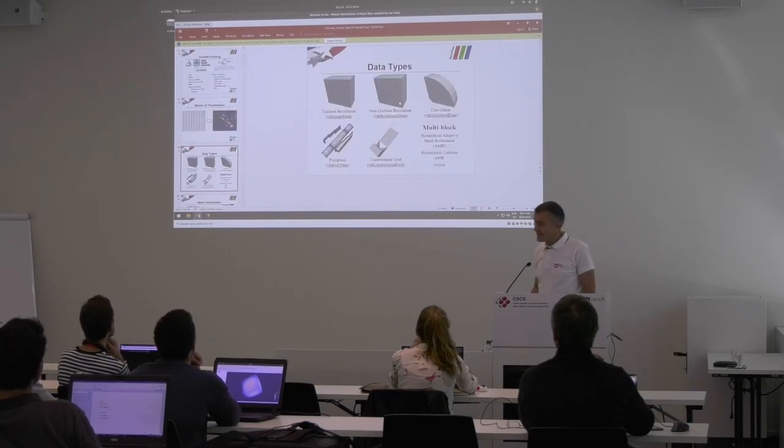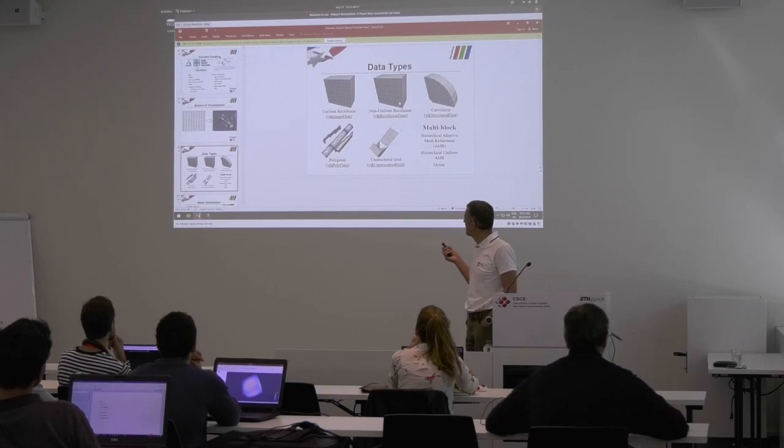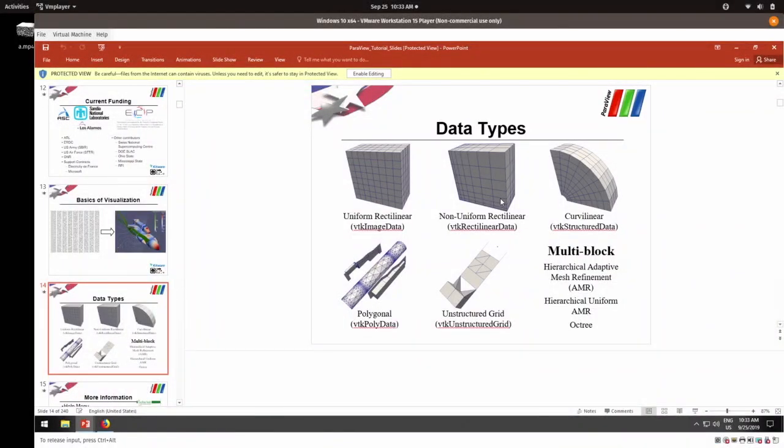Data types, just quickly. I hope you can see the grid lines here. Those are the so-called structured grid here on the top row, the uniform rectilinear grid. The non-uniform rectilinear grid, this is where spacing will vary in 1 or 2 or 3 dimensions.